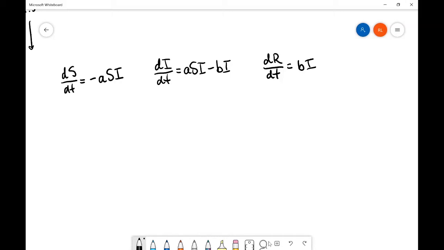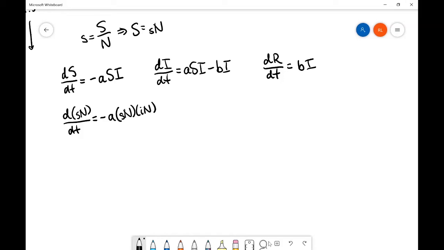Because given that little s is equal to big S over N, we know that big S is equal to little s times N. So we could just replace all these quantities, right? So d(sN)/dt is equal to negative a sN iN, right?